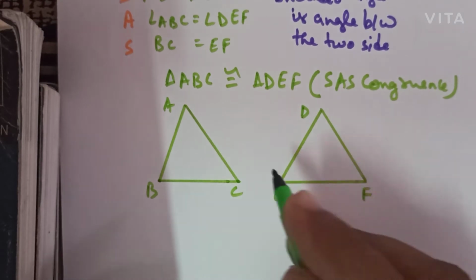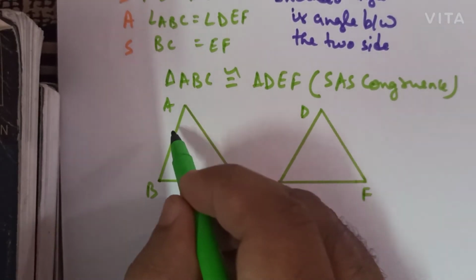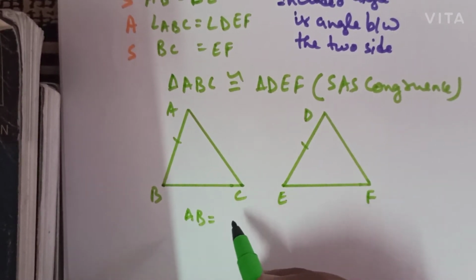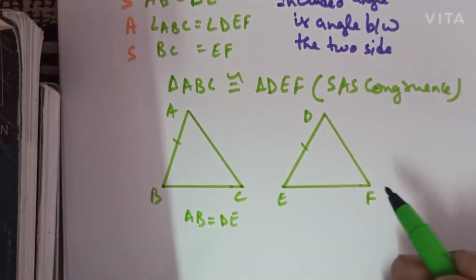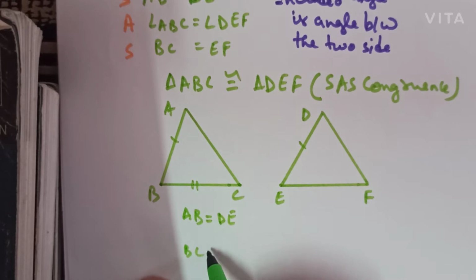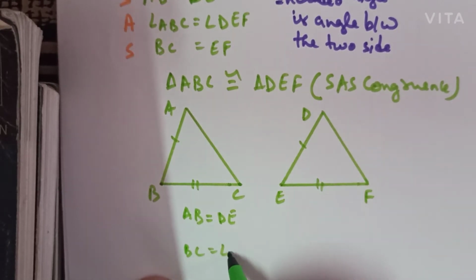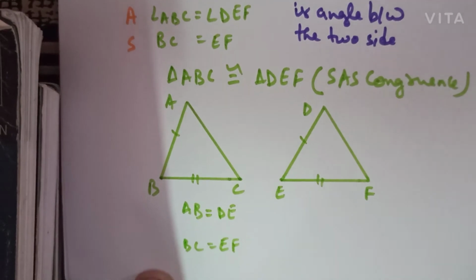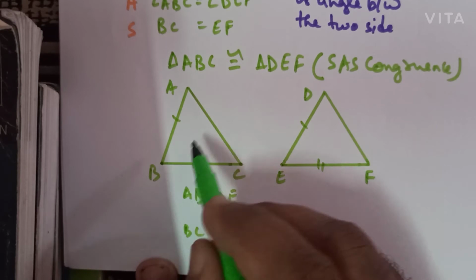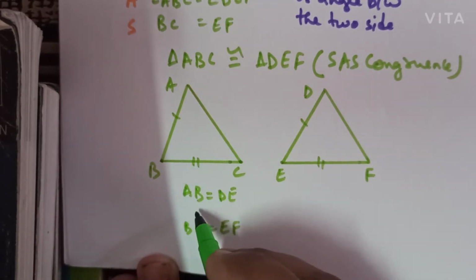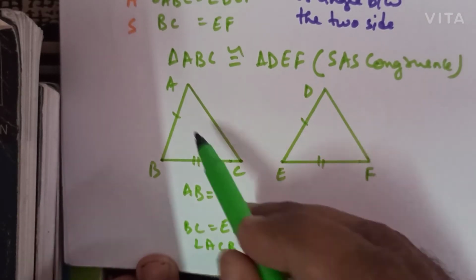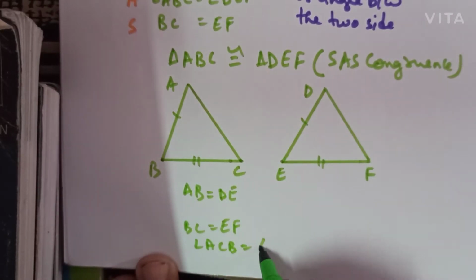We are saying the same thing, that the side AB is equal to the side DE and the side BC is equal to side EF, but one angle is also equal, that is angle ACB is equal to angle DFE.